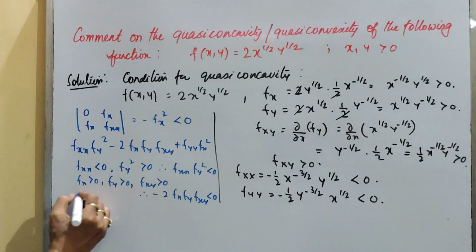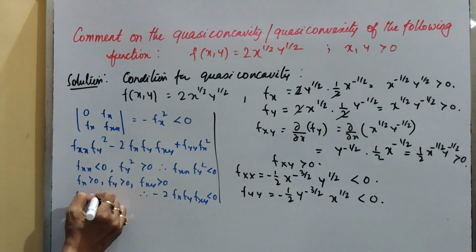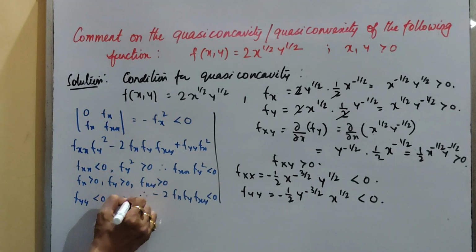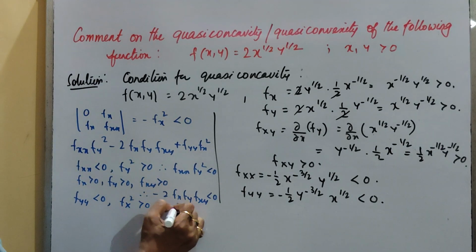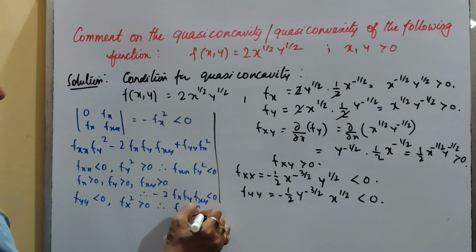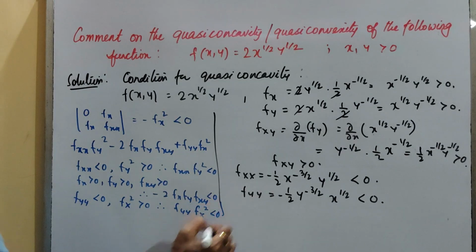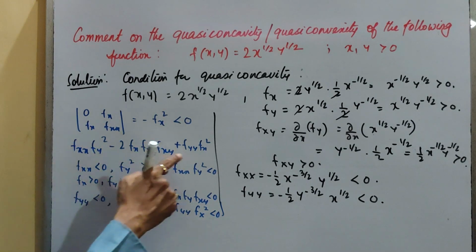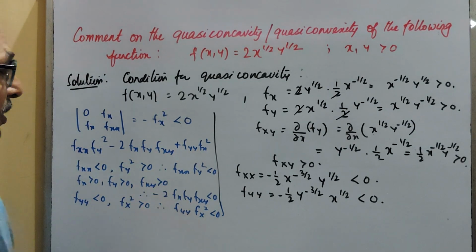This term is also negative. Now fyy is negative, fx square is positive, therefore fyy fx square is also negative, therefore the whole expression is negative.